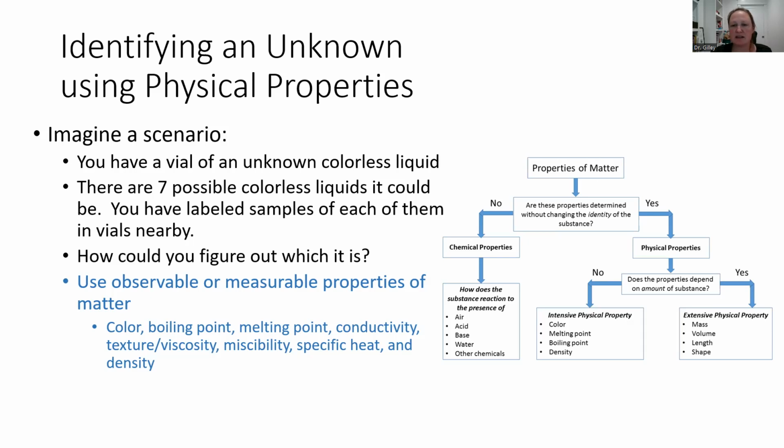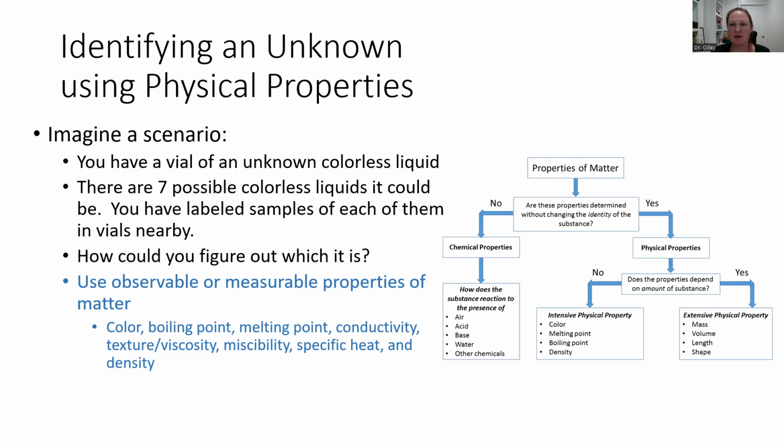Some physical properties are called extensive physical properties, and others are called intensive physical properties. Basically the difference is whether or not the property depends on the amount of the substance, right? So for example, if you had a rock and you measured its mass, the mass of the rock would depend on how big the rock is, and also what it's made out of.